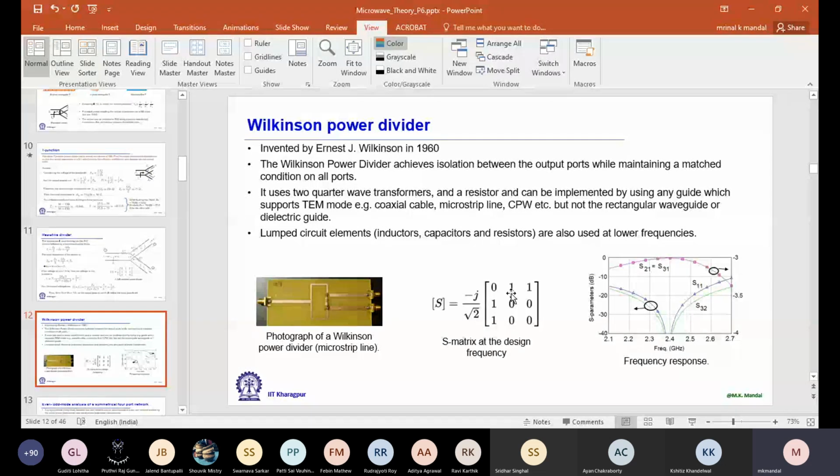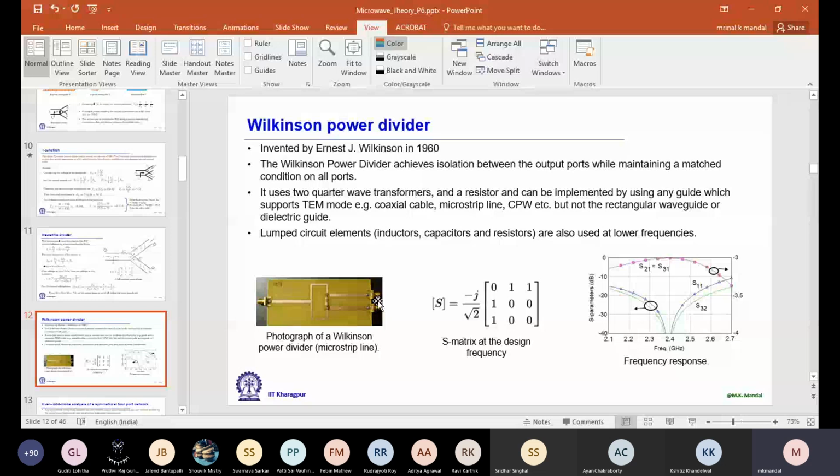So you can have other values here. So 1 to 2, 2 to 1, we can use the same coupler as a combiner. In that case, whatever you are applying at port 2 and port 3, the addition of that will appear at port 1.